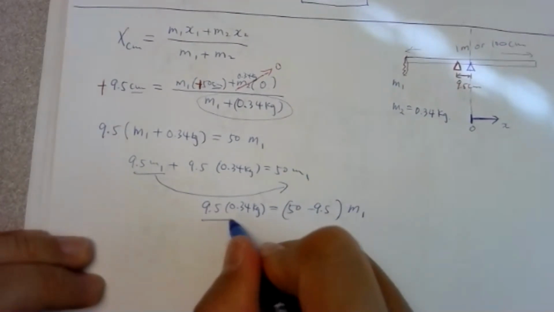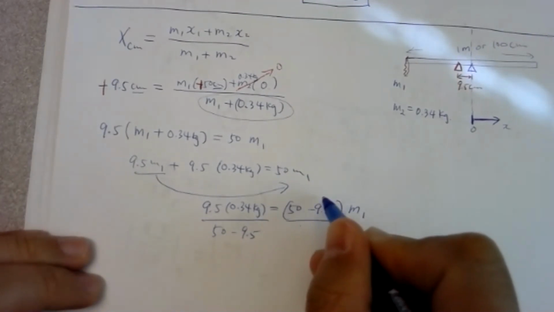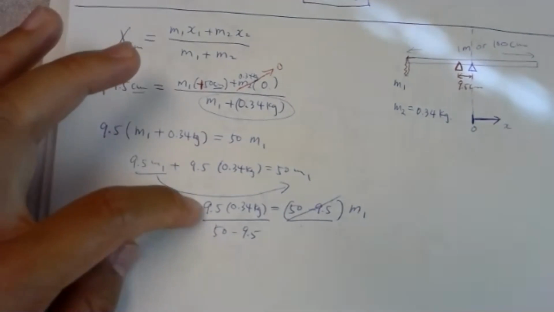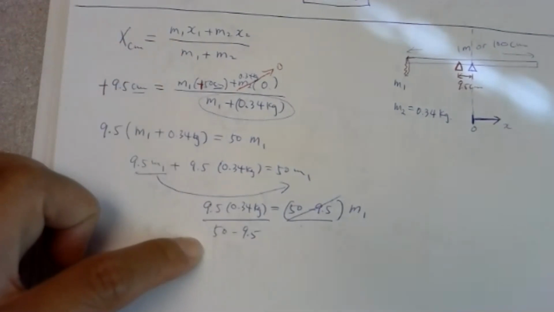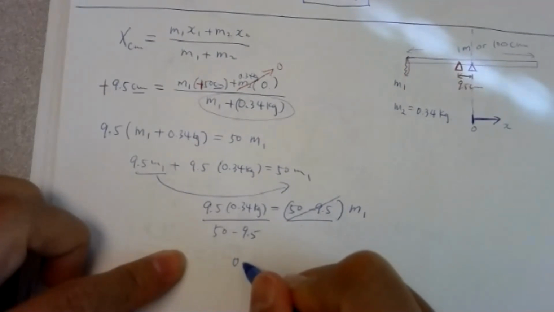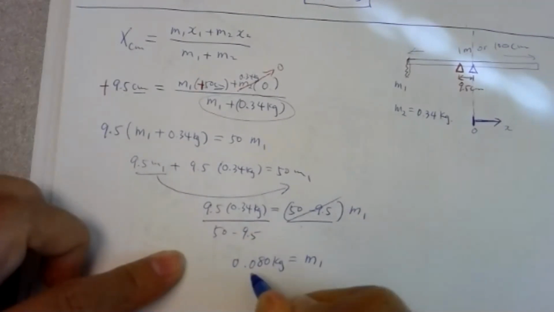Then you will divide both sides by 50 minus 9.5 to get rid of this, okay? So let's multiply by that, divide by this, will be your M1. So this is 0.080 kilogram as your M1, okay?